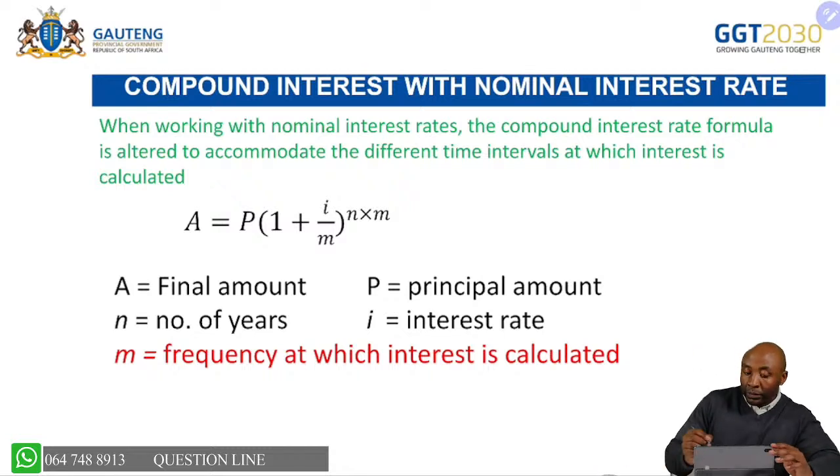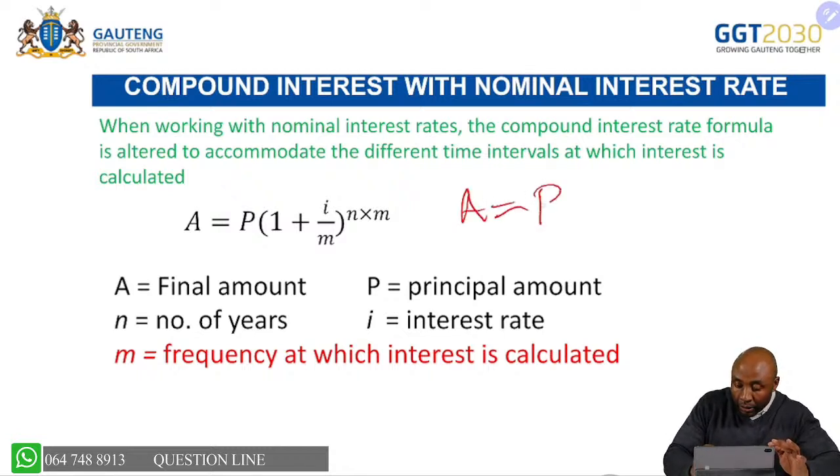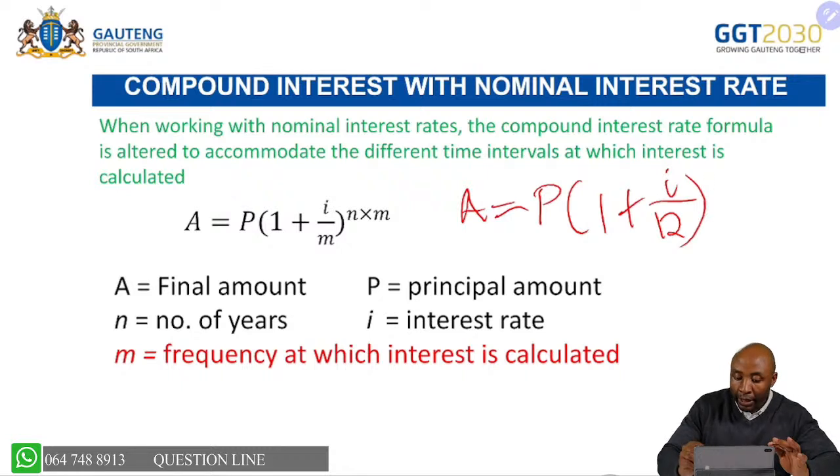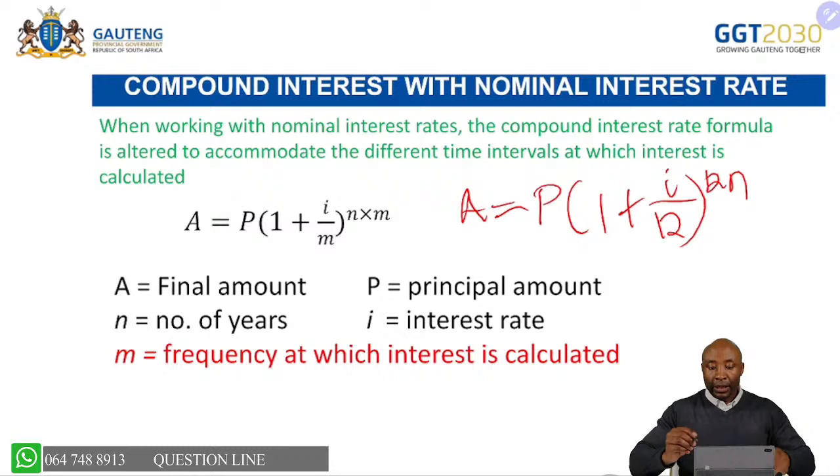So, for example, if the interest is compounded monthly, this will change to A is equal to P(1 plus whatever we have as our I over 12), and that becomes our 12N, and then we will substitute accordingly.